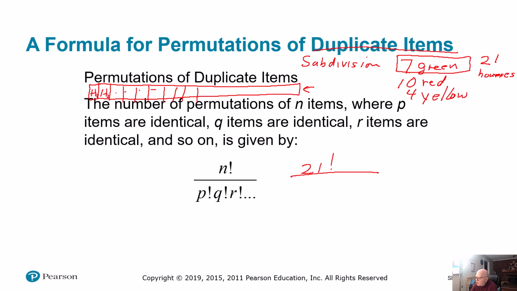Now I've got 7 green houses, so we'd have 7 factorial down here, times 10 red houses, 10 factorial, times 4 yellow houses, 4 factorial, and that will give you the number of ways you can put those 21 houses on that street.